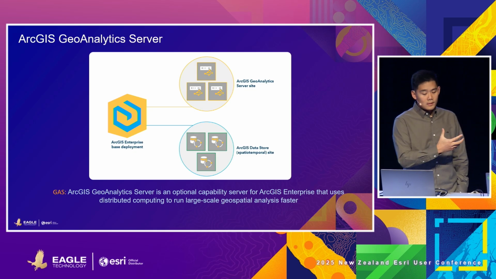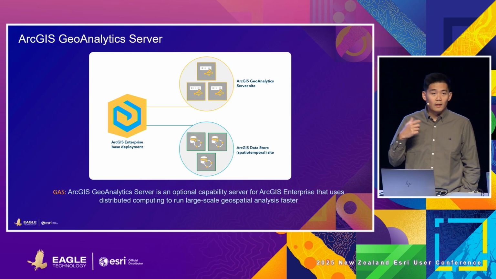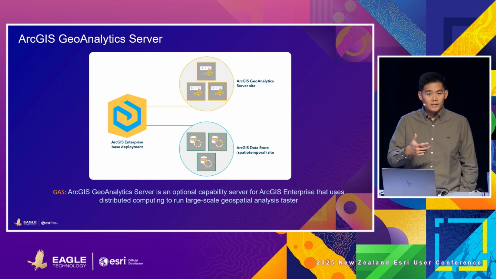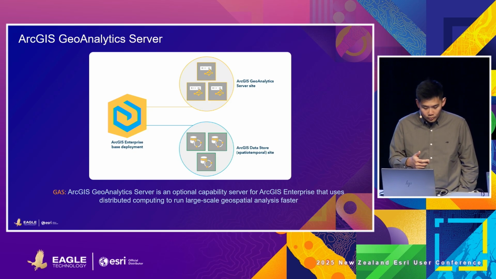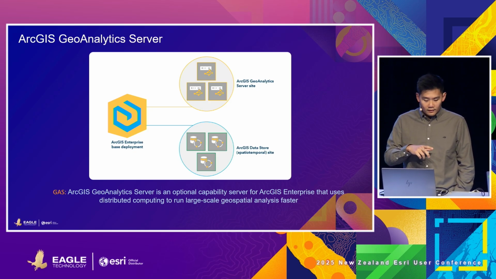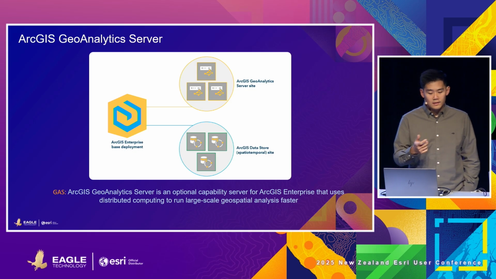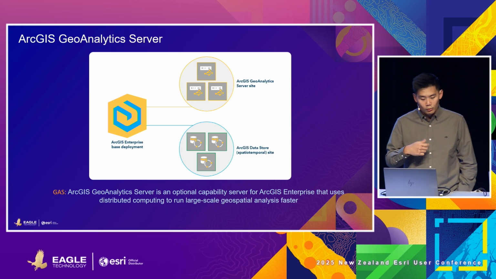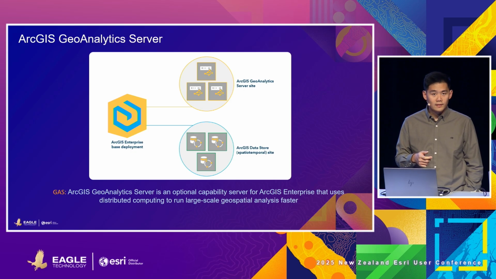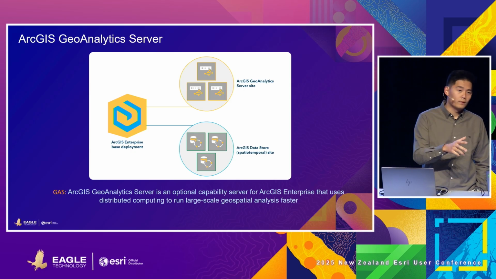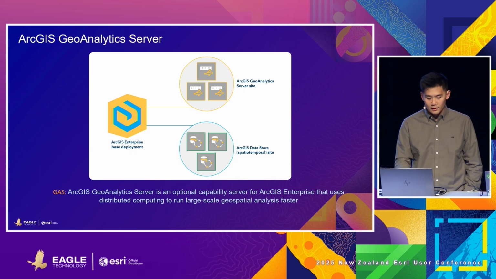What it does is, when the data comes in, it runs the analysis you want, and optionally you have distributed computing mechanisms to run large-scale geospatial analysis faster. That will be in Velocity as well.